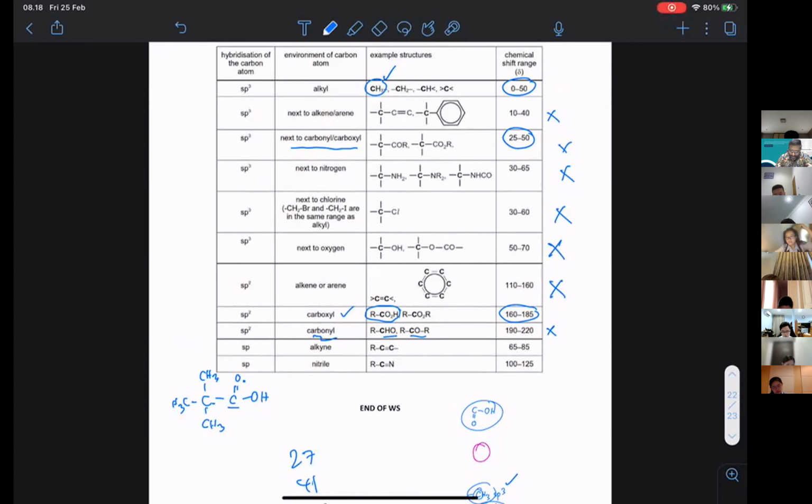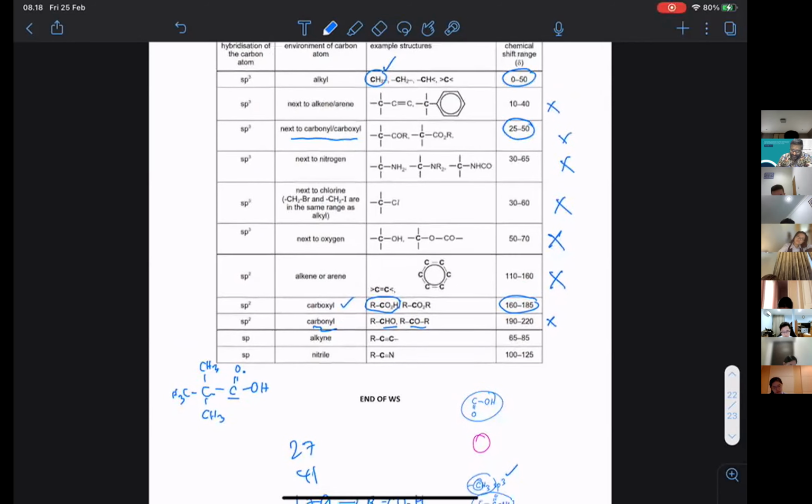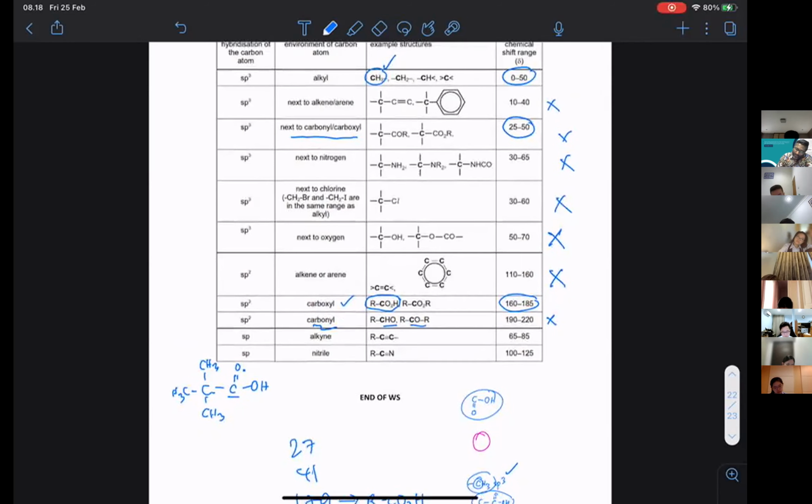There is no other option. I think both can work. 41 is within this range, and 27 is also within this range and within that range.